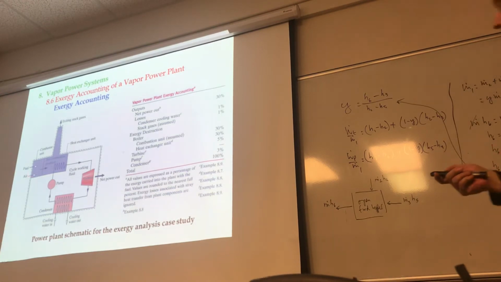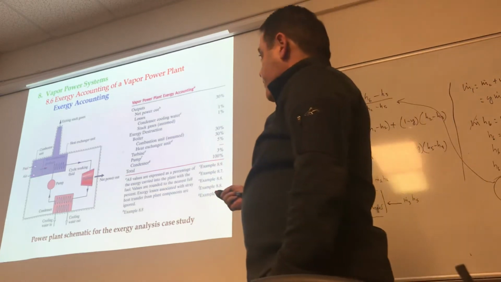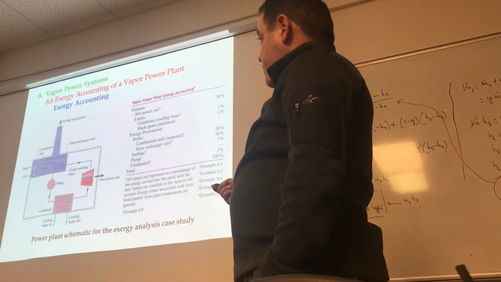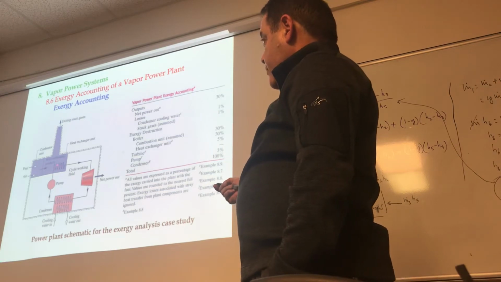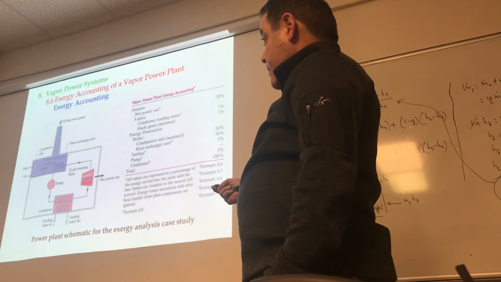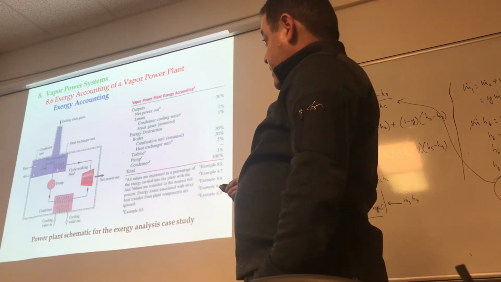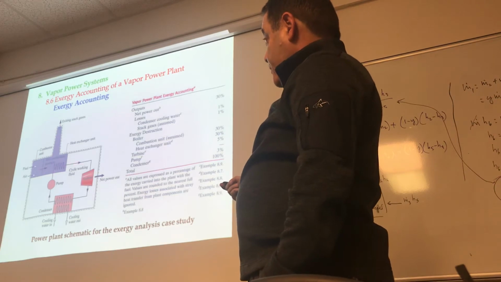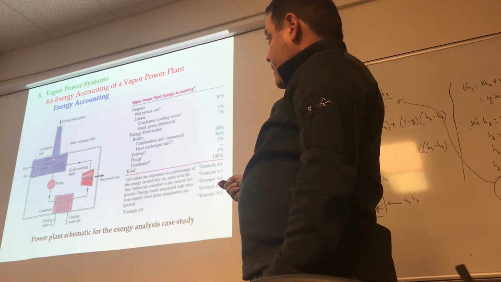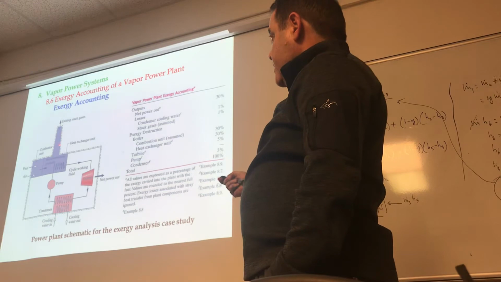If you look at what enters, obviously here is the fuel and the air. You have a combustion unit, right? Hot combustion products go through a heat exchanger and heat up the high pressure water, turning it from a liquid to vapor. But you do have combustion products that exit.